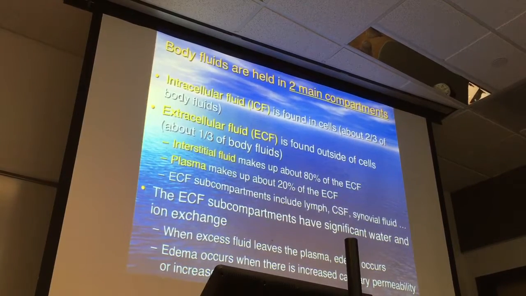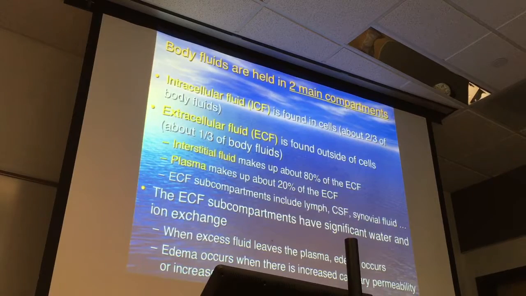These are very small compartments, okay? So these are usually excluded when we're talking about the extracellular fluid because these are the major compartments. So the major compartments we're gonna work with are intracellular fluid and extracellular fluid, those are the big ones. And extracellular fluid is made up of interstitial and plasma.